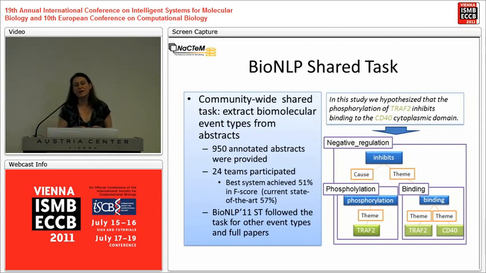As you can see here, the triggers are different verbs, inhibits or to bind, or nominalizations like phosphorylation. Those are exactly the triggers we're using to extract the events. We have also just finished another shared task in 2011, which again introduced extraction of event types from full papers.